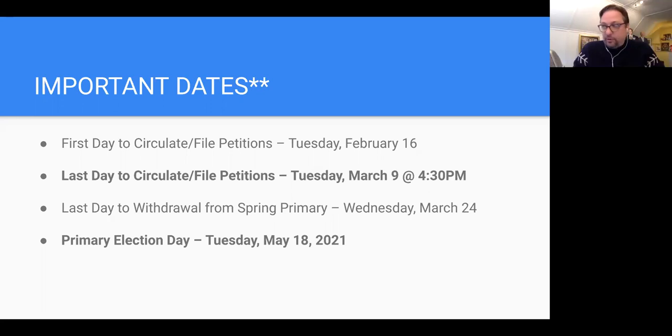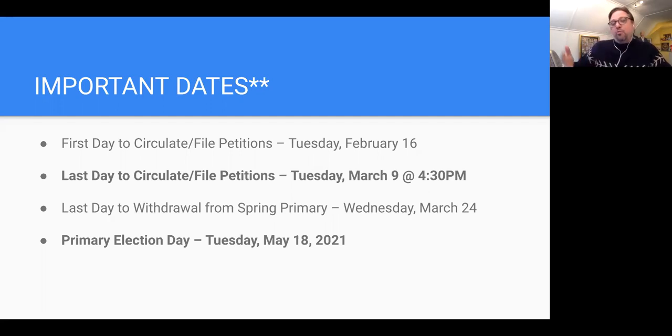It's a really important point, especially in the era of COVID. The election office has been very accommodating and has made sure that people have all the access they need in order to get into the petition signing process.